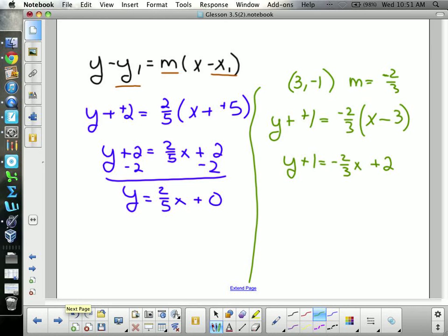And then move this away from this side, so -1. y equals -2/3 x plus 1. So a little bit of algebra there. The slope was undefined, so it's just going to be x equals the x coordinate of the point, which is -2.